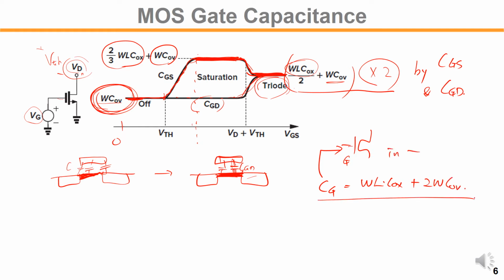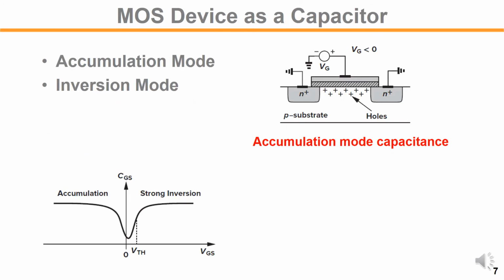In the triode region. So now once the channel is formed, we can look at the gate and channel as a capacitor. So let's, for example, tie the source and drain to the same voltage, shown like the ground here.